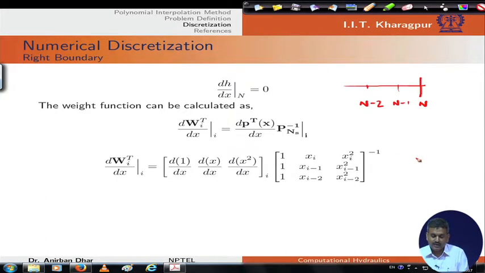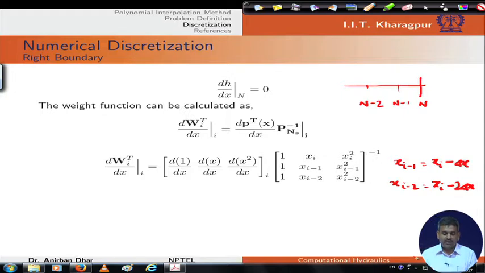So in this case again x I minus 1 equals x I minus del x, x I minus 2 equals x I minus 2 del x. So if we use this approximation for our case, then this is again 0, this is 0 and this is 2.